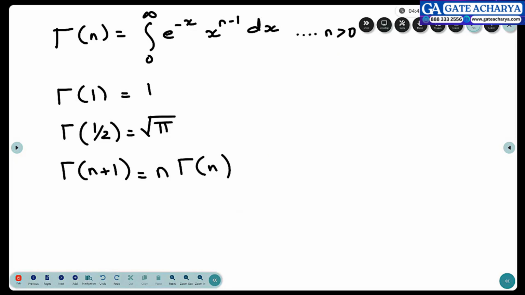Now, people might be asking where this is regularly used. This is mainly used in a topic known as Laplace transform. Let me explain this idea. Laplace transform of t raised to n.